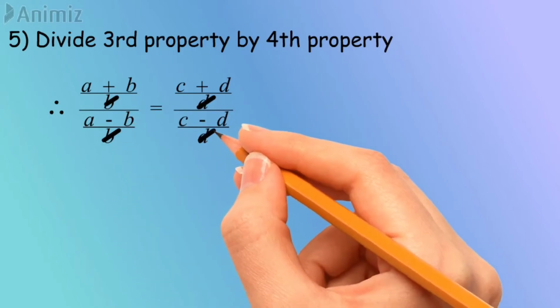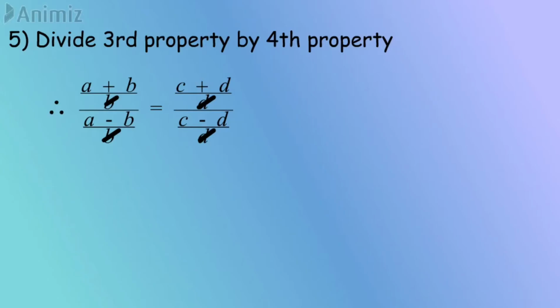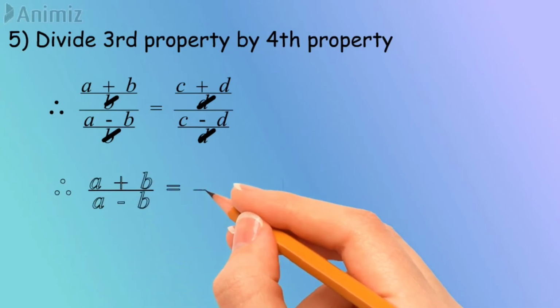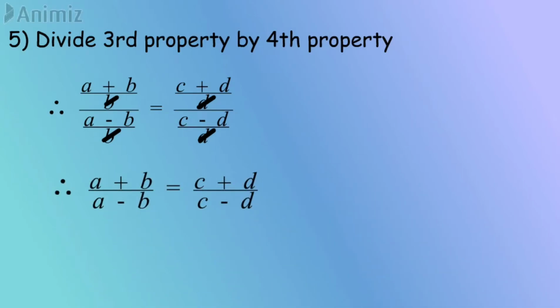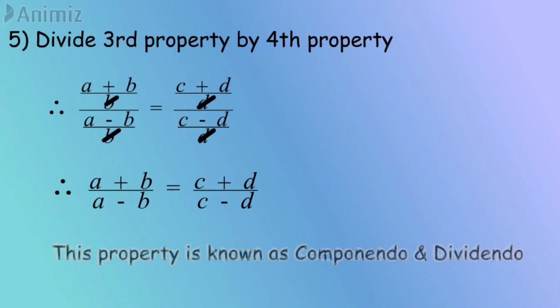After cancellation, what will you get, students? A plus B by A minus B equal to C plus D by C minus D. So this is a combination of the two properties, which is known as componendo and dividendo. In that, the numerator and denominator get added in the numerator but get subtracted in the denominator.